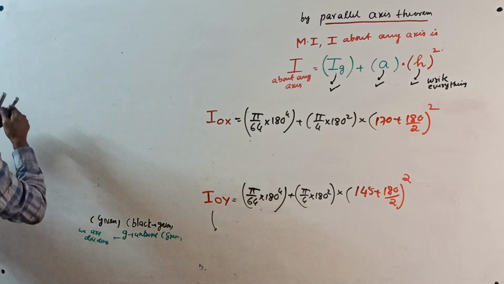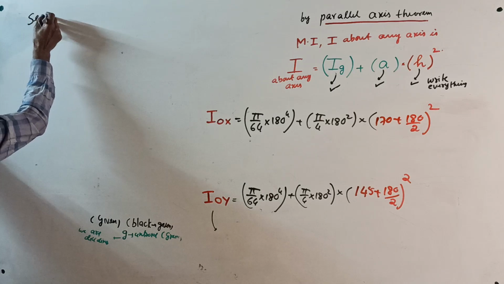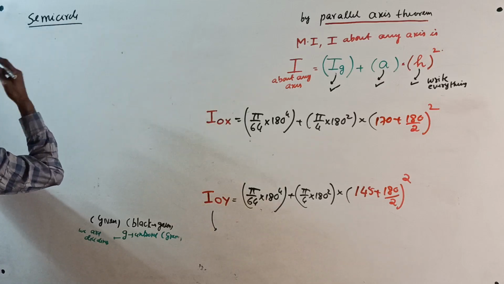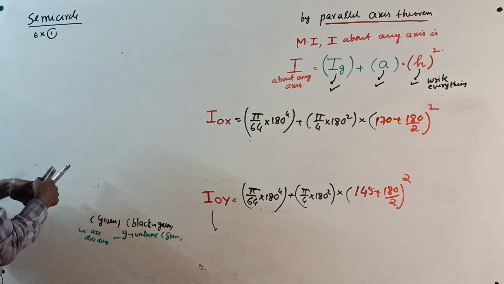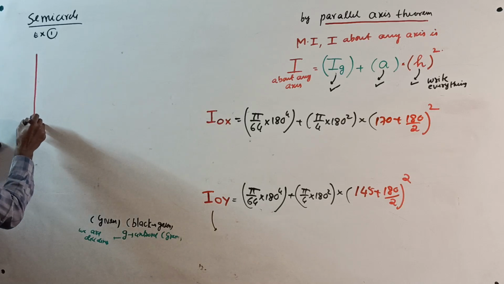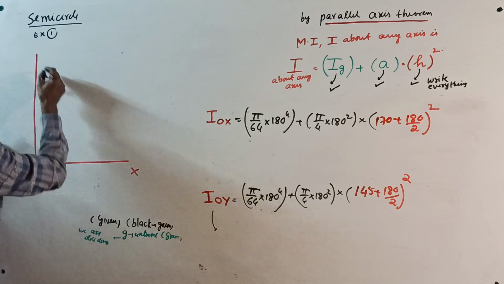Okay, now. Next, semicircle. Semicircle, example 1. Imagine here, this is the OX axis, this is the OY axis, OXY.